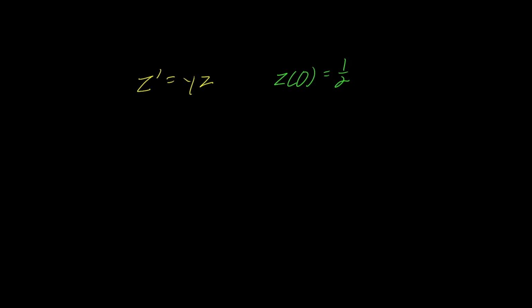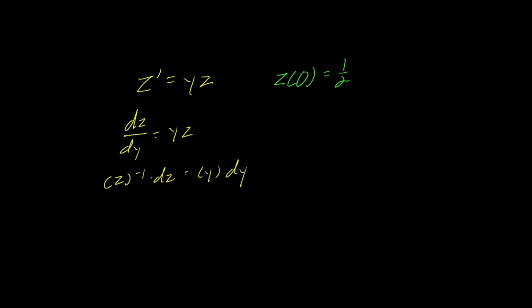So we have z prime is equal to y times z, which is also the same as dz over dy is equal to y times z. From here, let's bring our variables to their respective corners. So I want our z's on one side and our y's on one side.